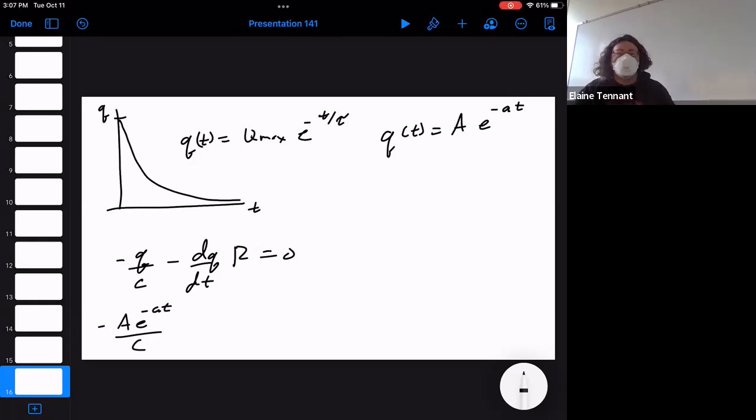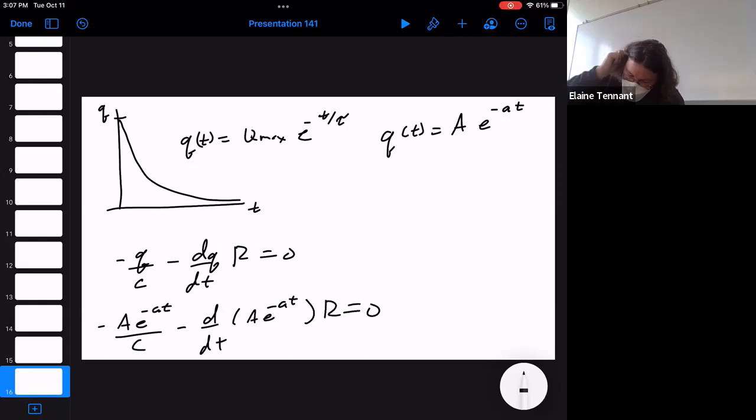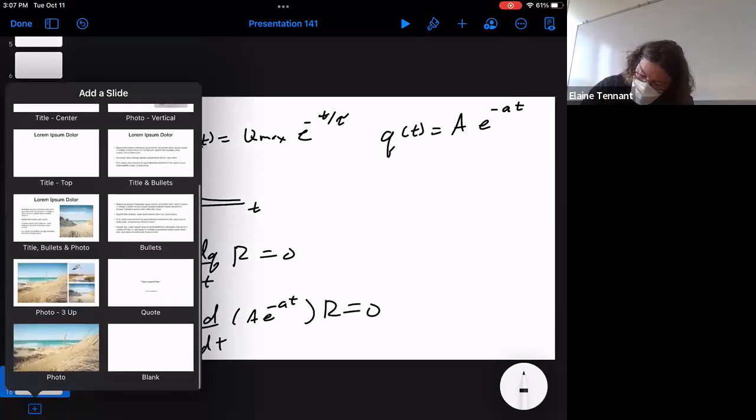There's probably some constants with it. d/dt of A e to the negative at, times r, equals 0. Okay. Make sure I do this right. Negative A e to the negative at over c.